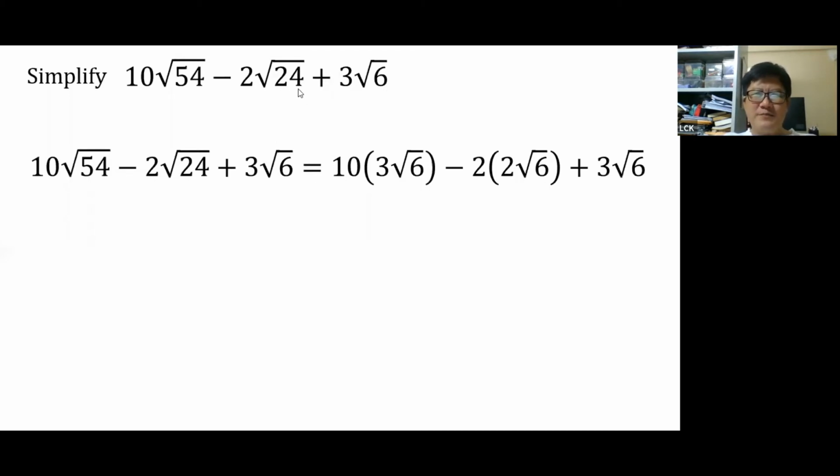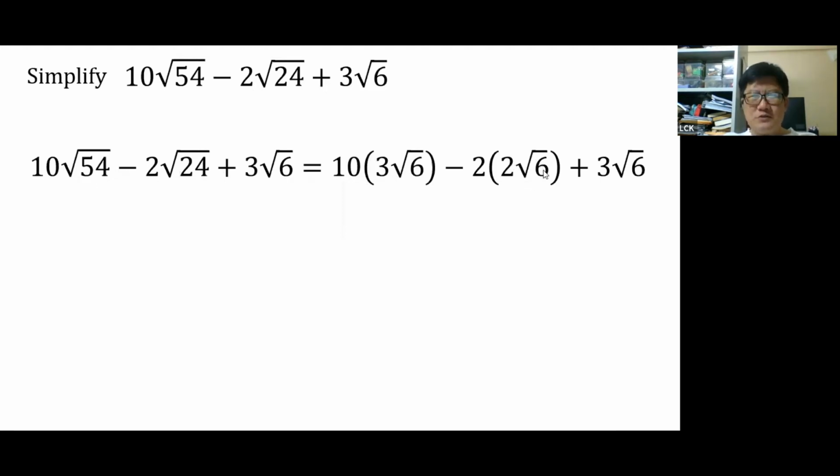This is 4 times 6, and this is 9 times 6. 4 times 6 is 24, and 9 times 6 is 54. So just write it down and retain the 10 over here. This 54 is 9 times 6. When we bring the 9 out of the square root sign, it becomes a 3. So that's 3 square root 6. This 24 is 4 times 6, so when we bring the 4 out of the square root sign, it becomes a 2.